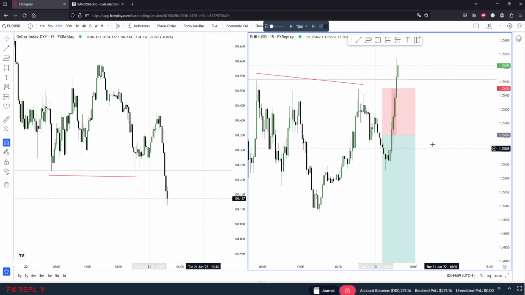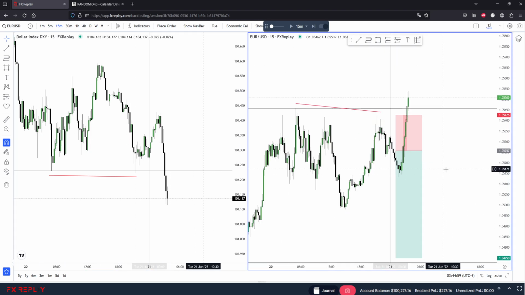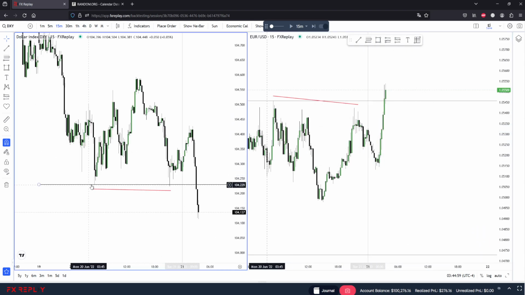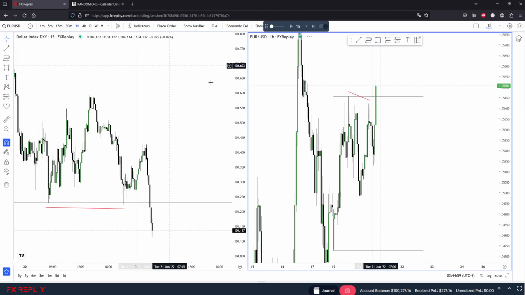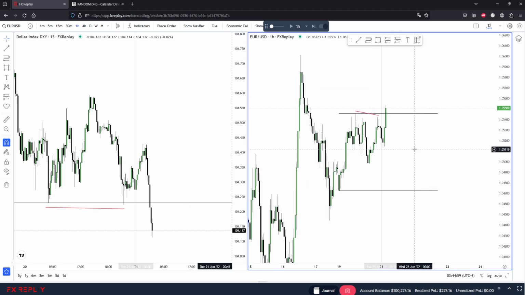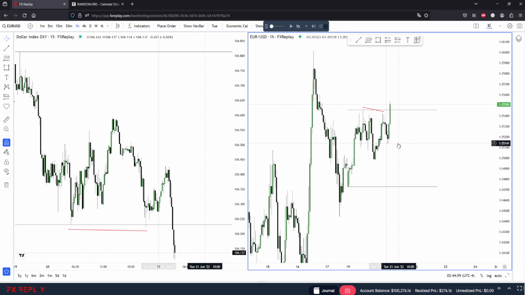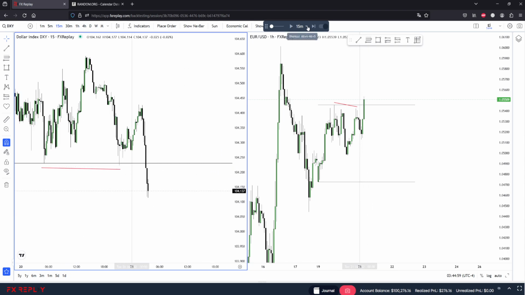Alright, so this one is a loss. That is fine. That's also part of the game. Right, so let's see if we can find another setup. Yeah, relative equal lows. I guess this is a little bit too much buy side liquidity in hindsight. And where are we at? It is only London session, so let's wait. We can still take a trade because it rates the low again.